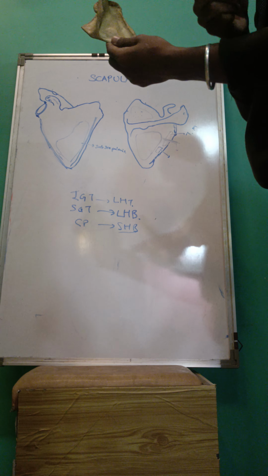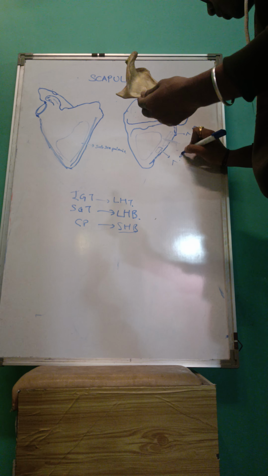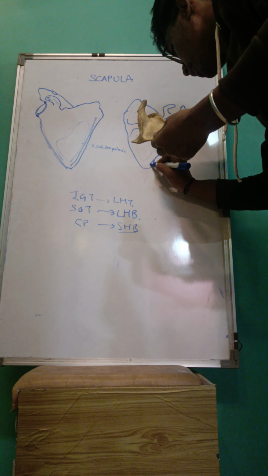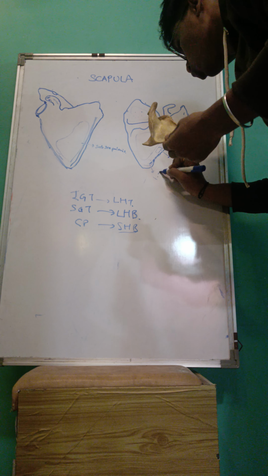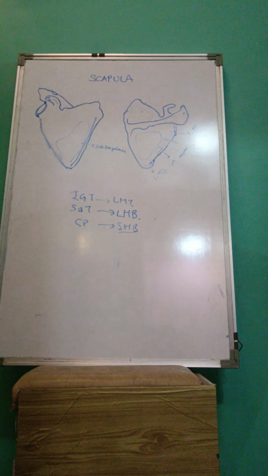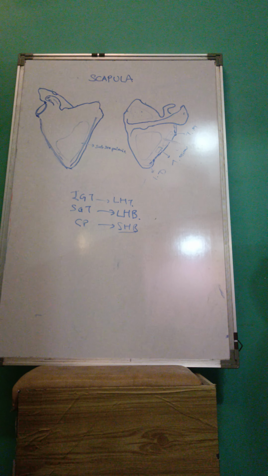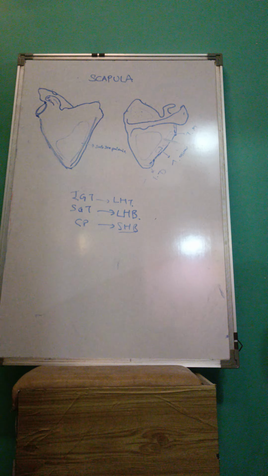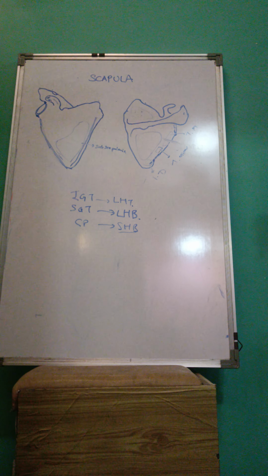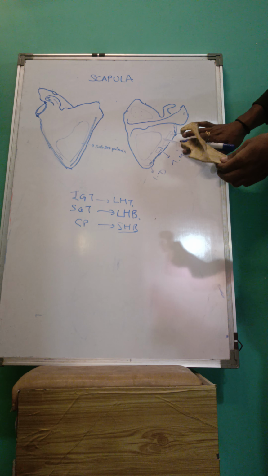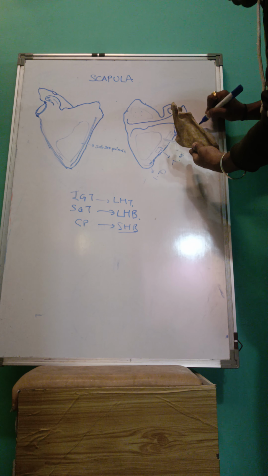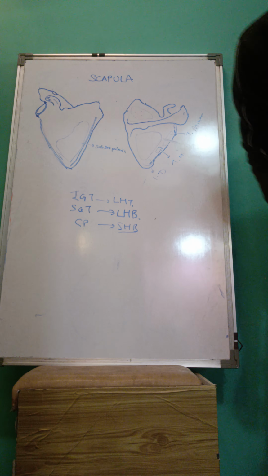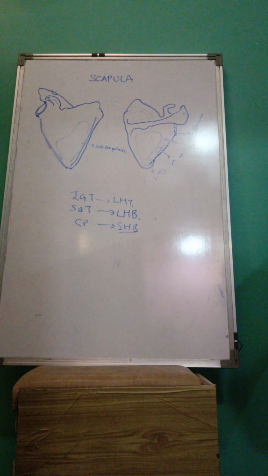And on the inferior angle, it contains the latissimus dorsi muscle. Sorry, I am mistaken. It contains teres major here, and teres minor is with the circumflex scapular artery. Okay, sorry for the inconvenience.